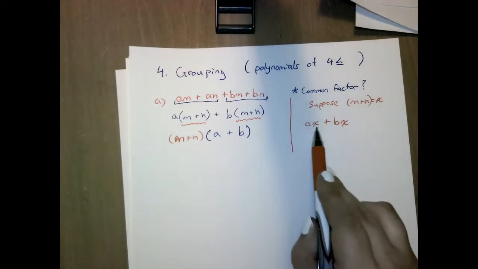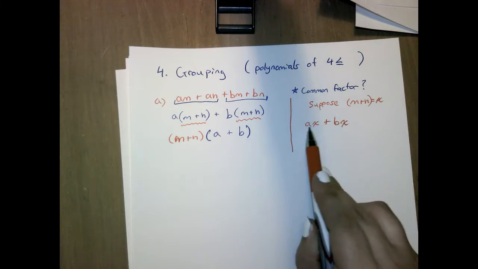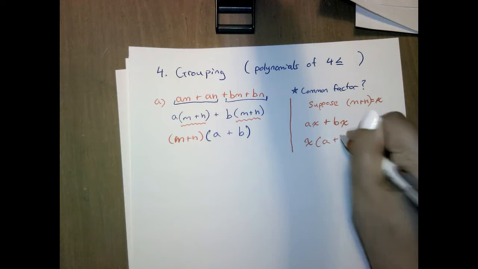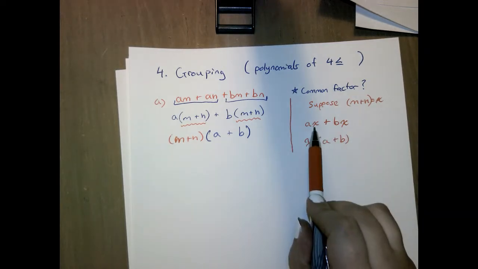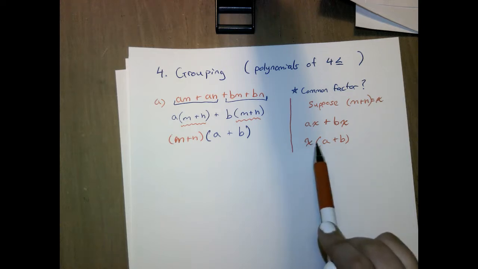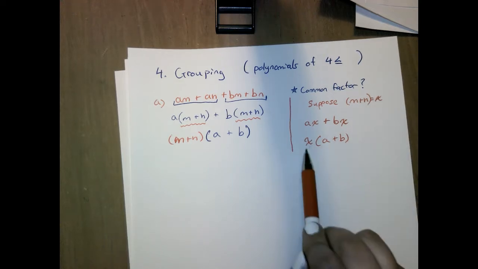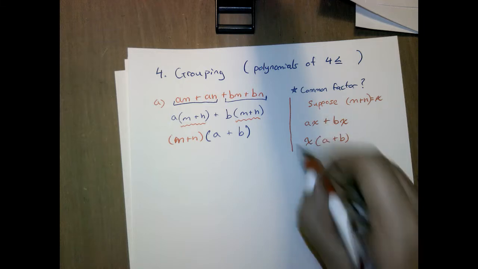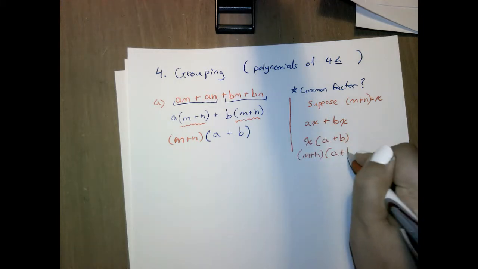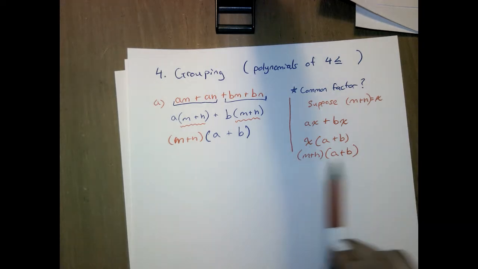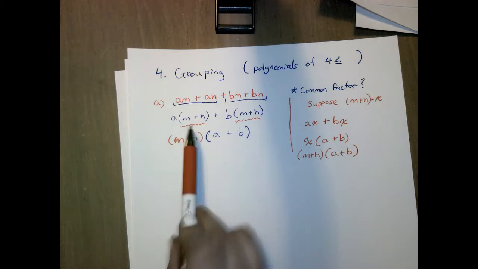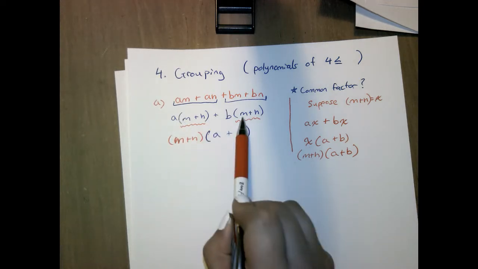And now it becomes really obvious that these 2 terms have an x in common. Right? So that becomes really easy to factor out. And if x is equal to m plus n, well, that means I can replace my x with m plus n. And suddenly, I am left with the same result as I got when I just factored out the full m plus n.